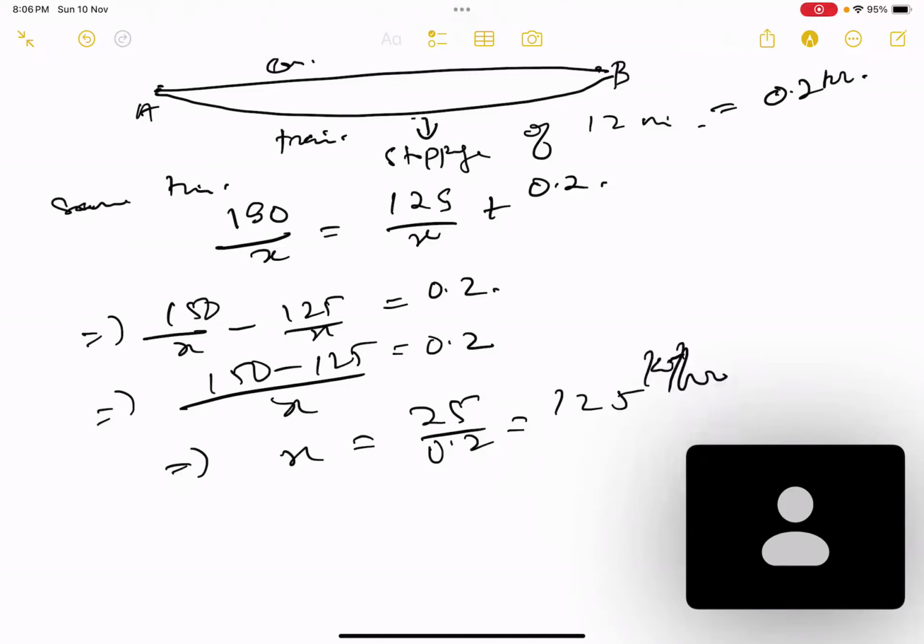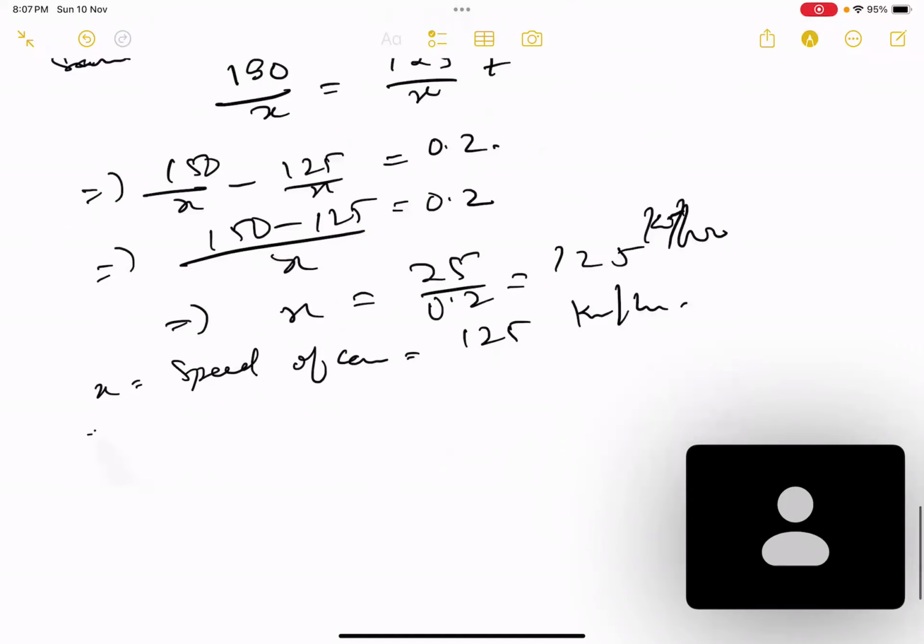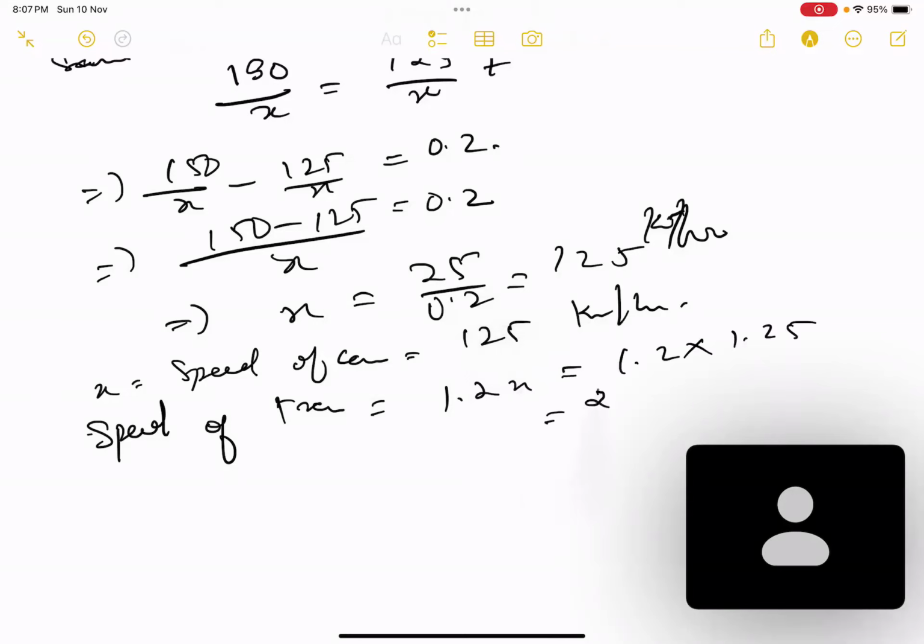That's the speed of the car, which will be 125 kilometers per hour, and the speed of the train is 1.2x, which is 1.2 into 125, equal to 150 kilometers per hour.